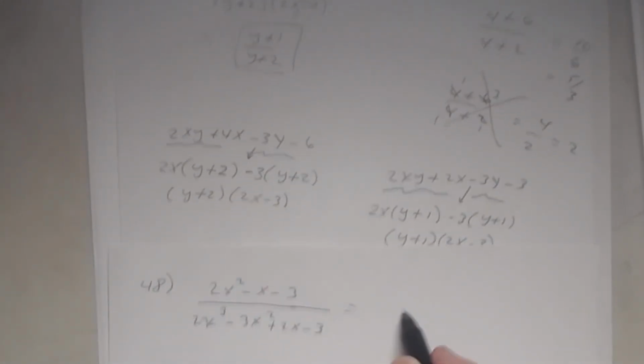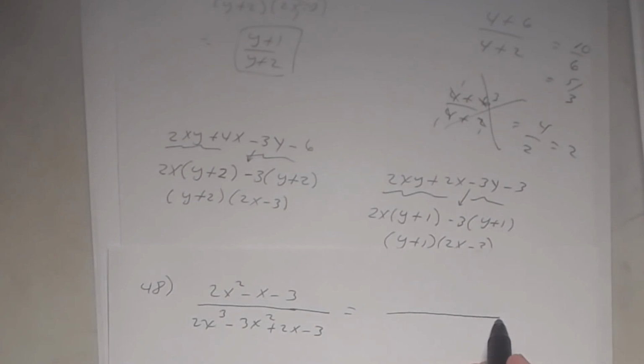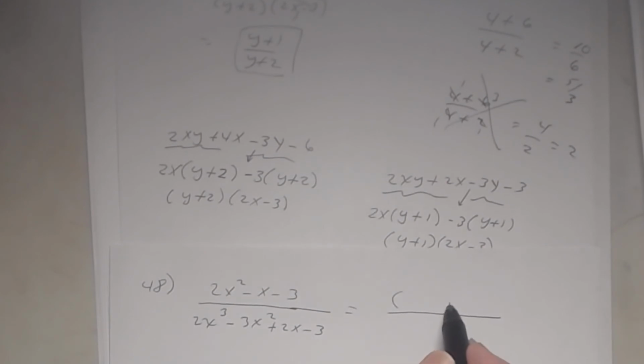All right, how do you factor the numerator? That's a trinomial. The two binomials: 2x and x. The only possibility for 3 is 3 and 1.